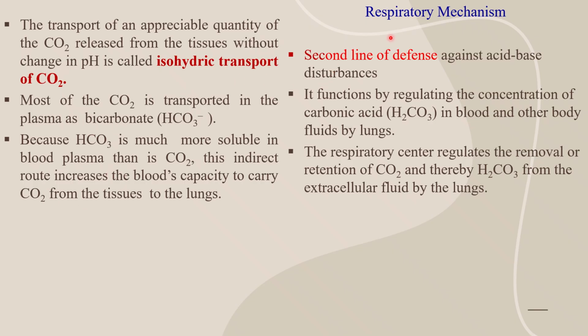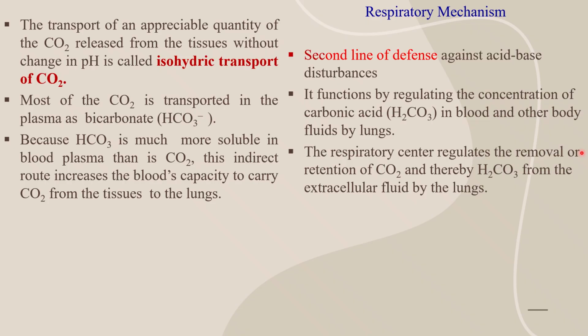Then the second line of defense against acid-base disturbances is the respiratory mechanism. It functions by regulating the concentration of carbonic acid in the blood and other body fluids by the lungs.